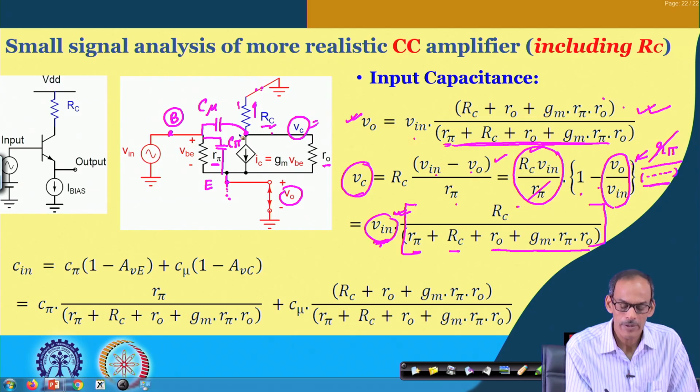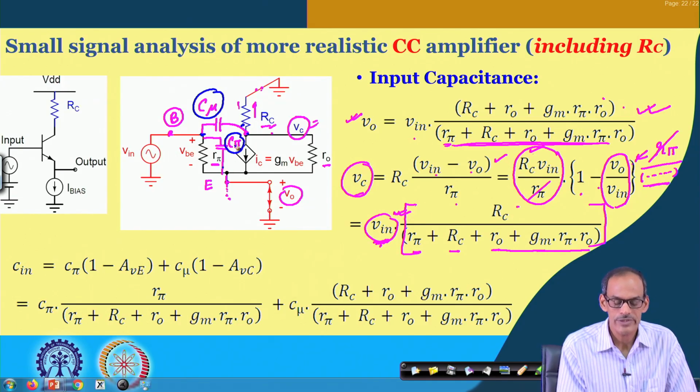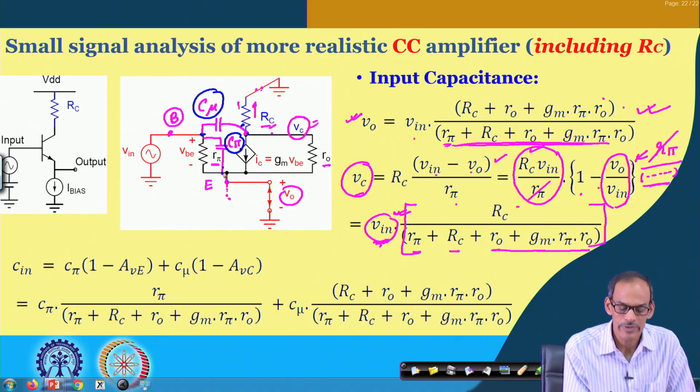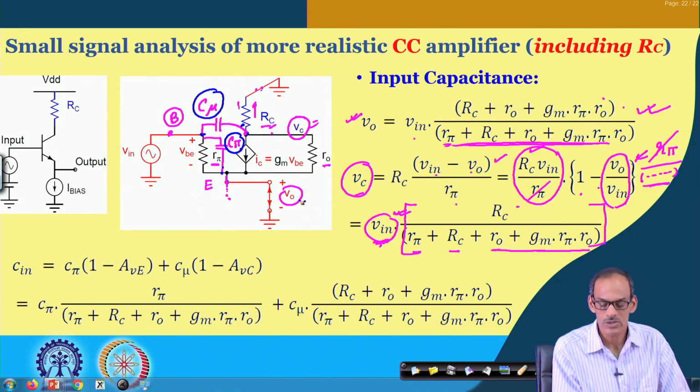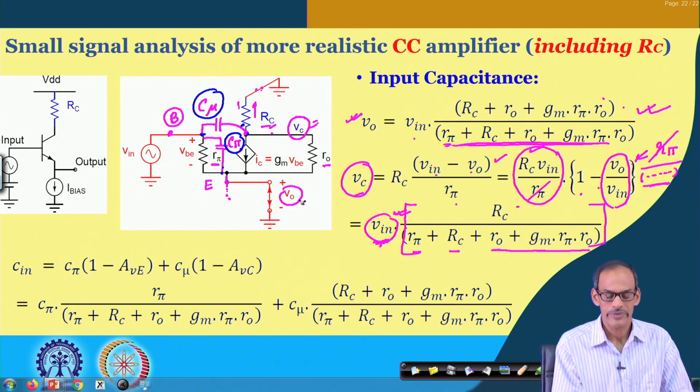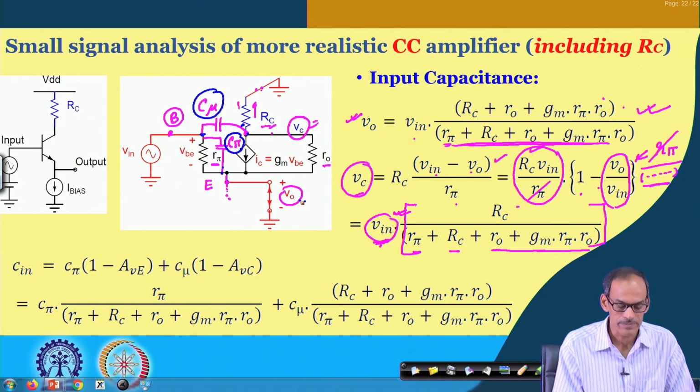Both C pi and C mu are getting Miller affected. The other terminal of the C mu is non AC ground, and of course, C pi's other end is connected to V O, that is also non AC ground. They are having signals.